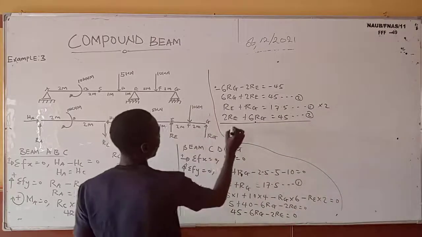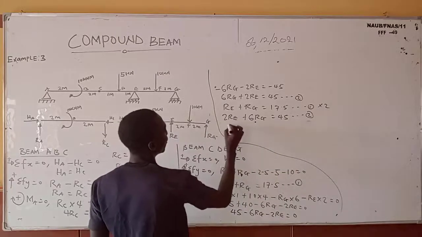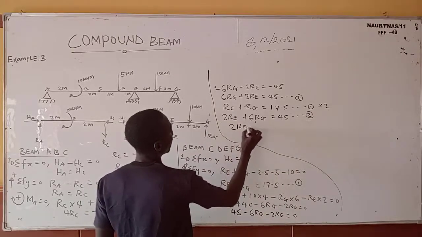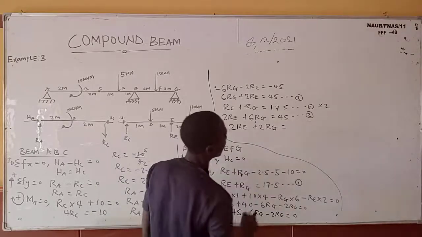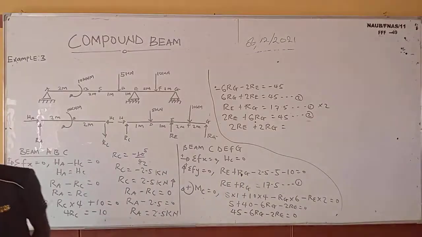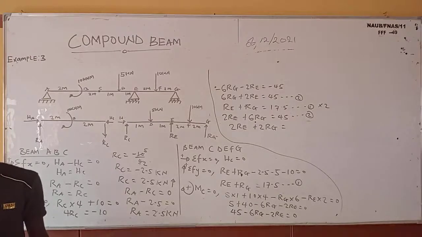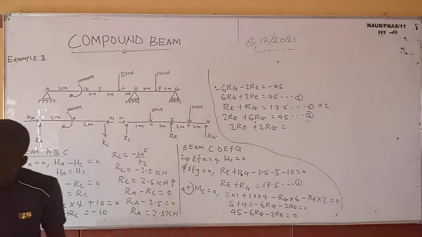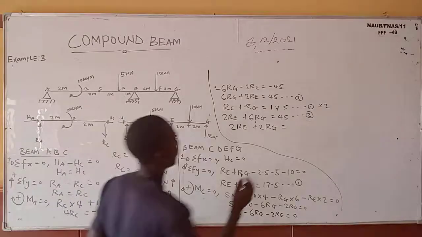The new equation will now be 2 ROE plus 2 ROG equals to 17.5 times 2. Let me press my calculator, 17.5 times 2. So that is 35, right?